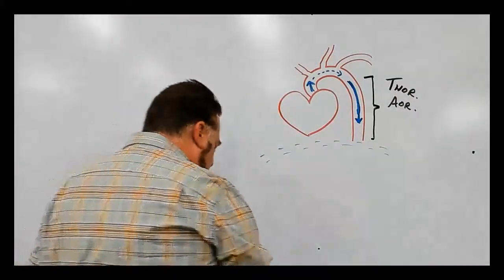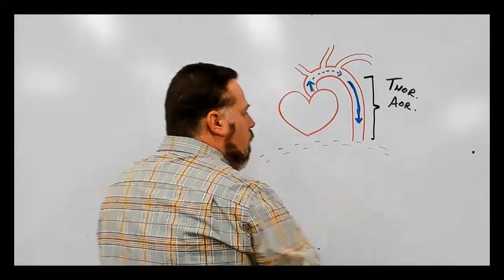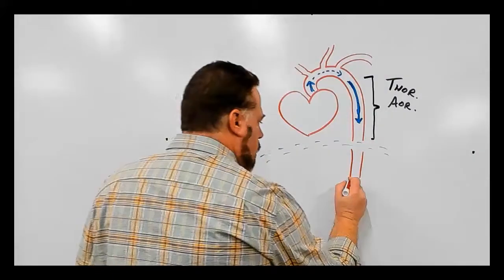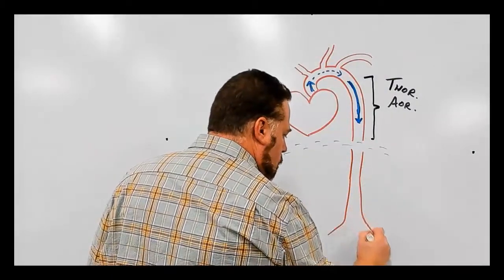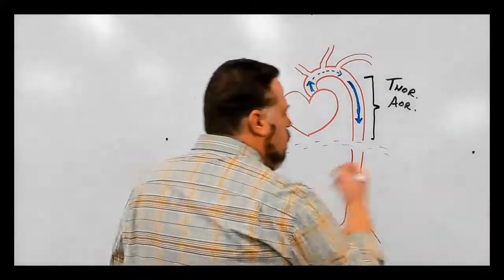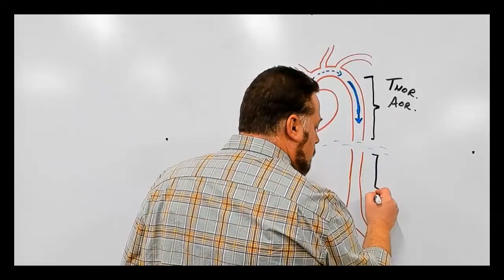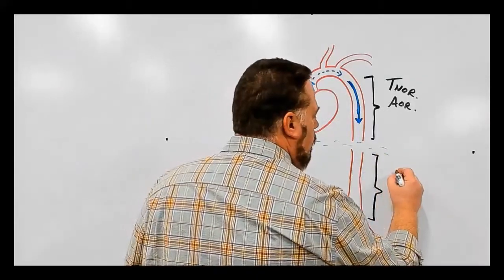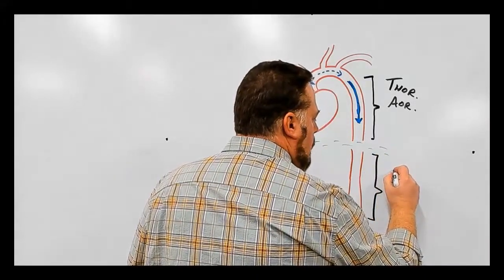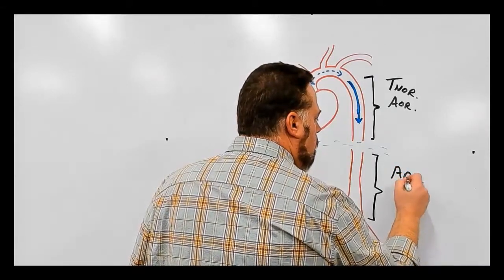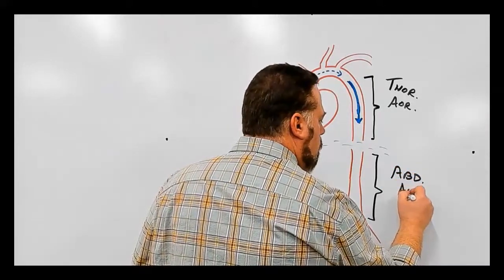Then once it passes the diaphragm, until it eventually splits into two over here, this is still the descending aorta, but because it's below the diaphragm, we now refer to this as the abdominal aorta.